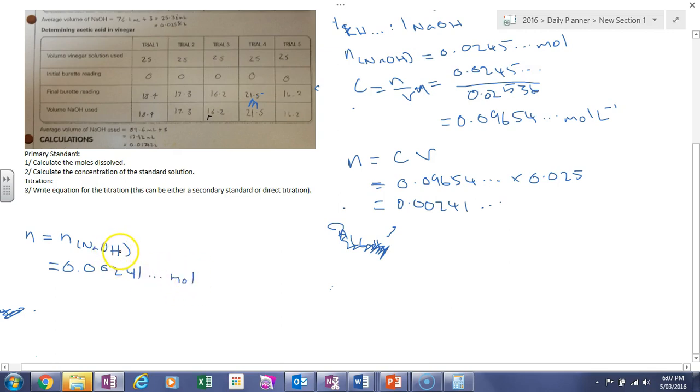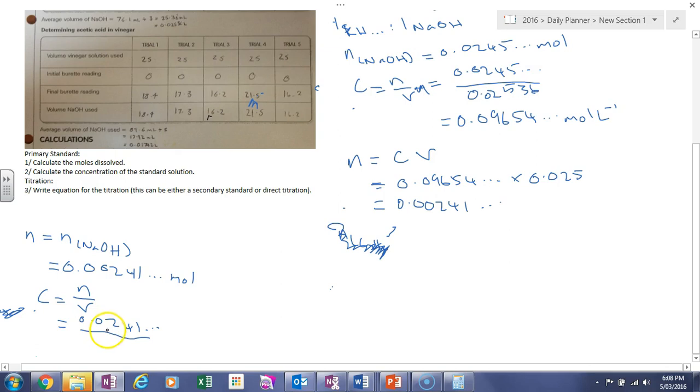Then, and this is the second last step, we want to work out the concentration of acetic acid. So concentration becomes moles over volume. Here is our volume up here. And so we take our moles from the calculation above, 0.00241... Now in my calculator I've not gotten rid of that at all. And we divide it by the volume, which is 17.92, to use the average.